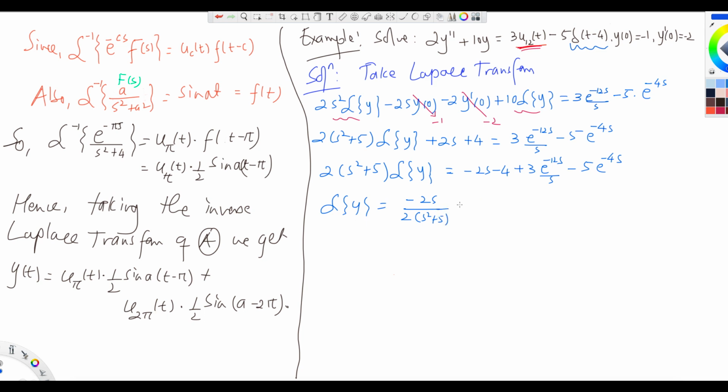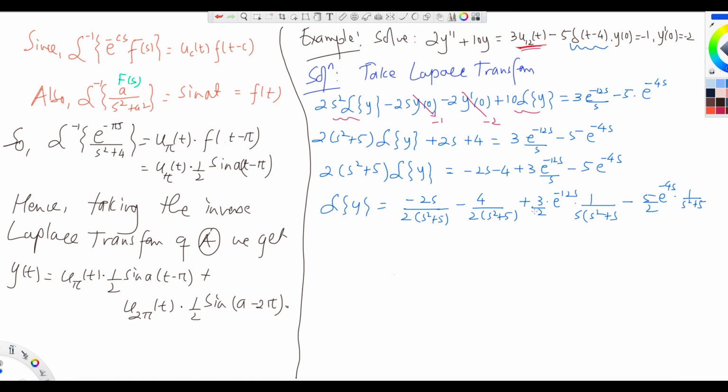I'm dividing each term, okay? Minus 4 over 2s squared plus 5 plus 3 times e to the negative 12s times 1 over s squared plus 5. You can write 3 half because we are dividing by 2 times s squared plus 5, right? And then minus 5 half e to the negative 4s times 1 over s squared plus 5. This is what I got.